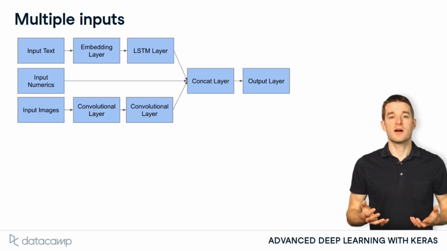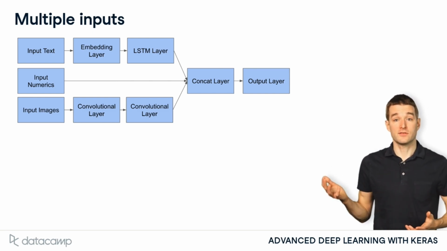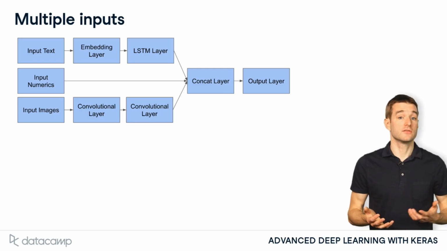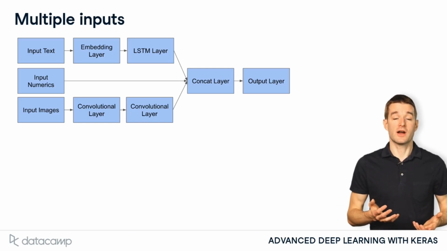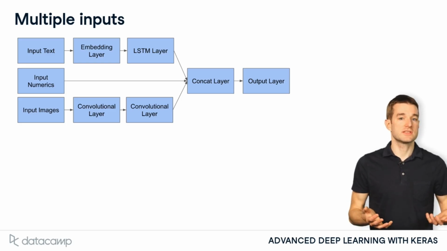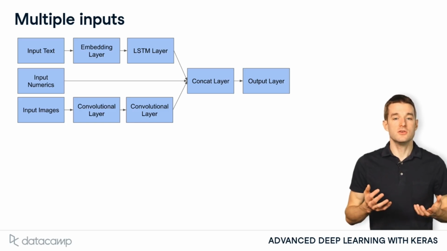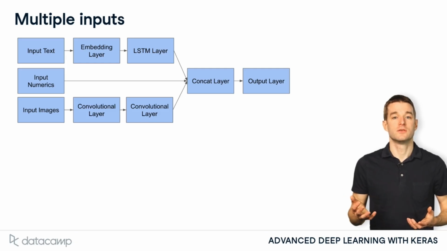You can extend this concept to build a network that, for example, uses an LSTM to process text, a standard dense layer to process numerics, and a convolutional layer, or CNN, to process images. I didn't cover LSTMs or CNNs in this course, but once you understand them, you can use this concept to make networks that understand both text and images.